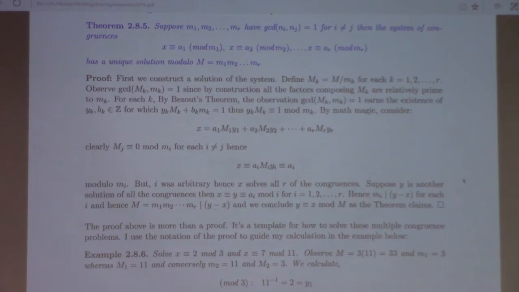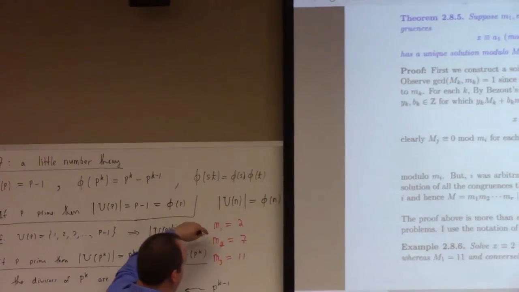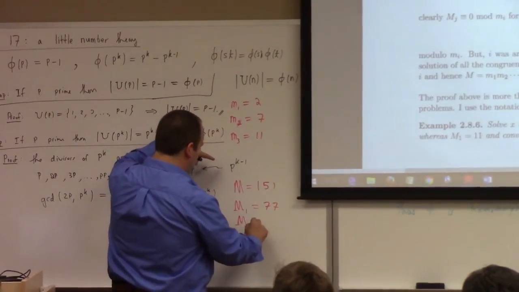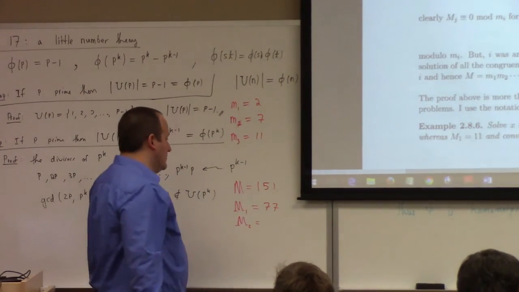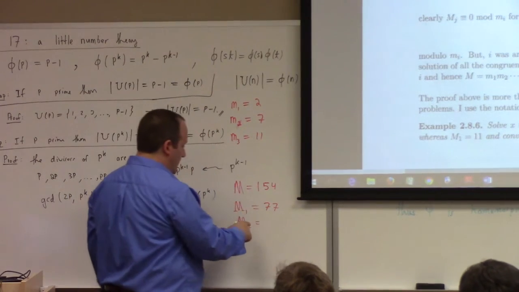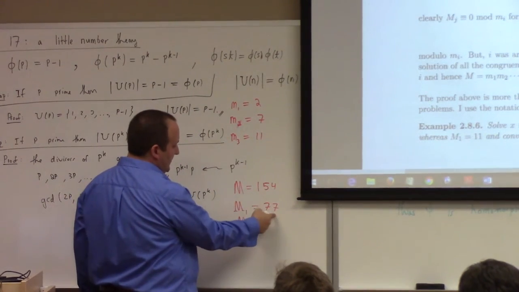And then M sub 1 would be 154 divided by 2, which gives 77.